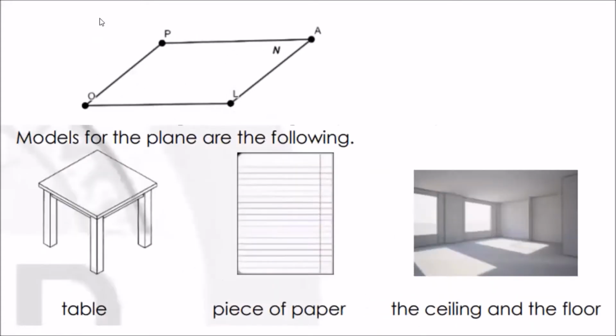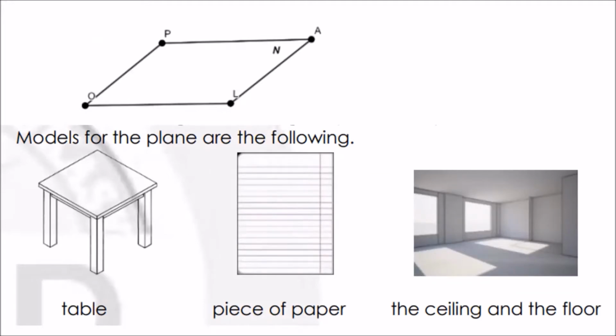So, this is plane N with points under point P, point A, point L, and point O. So table is a representation of a plane, a piece of paper, and the ceiling and the floor. So I hope clear to each and everyone the 3 undefined terms in geometry, and that is point, line, and plane.